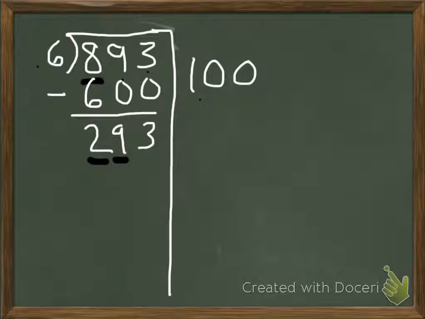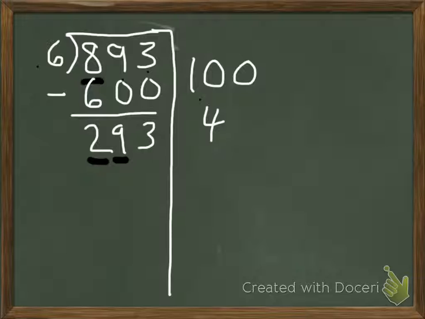So let's think of our math fact. What math fact would get me closest to 29? Well, I know that 6 times 4 is 24, and that gets me pretty close. I just can't go quite to 6 times 5, which would be 30. So I'm going to write 4 out to the side here.